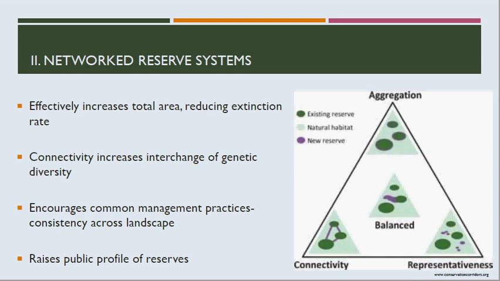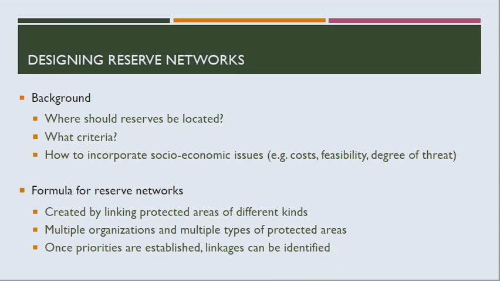Where should the reserves be located? What criteria? So as I've said, different reserves will have a relationship to other reserves in the network, and that will impact on where they're located. We may be able to incorporate island biogeographic theory as well as metapopulation dynamics in a network.